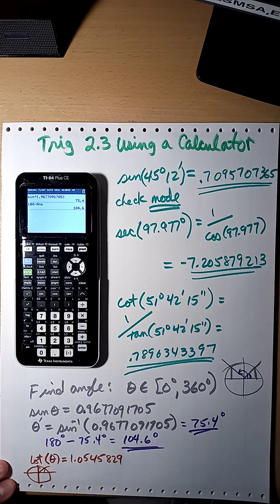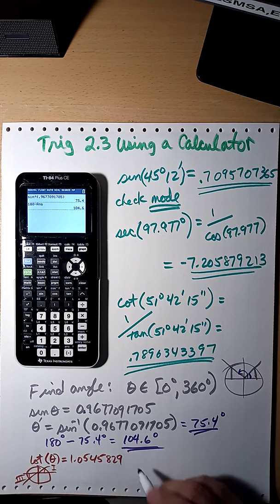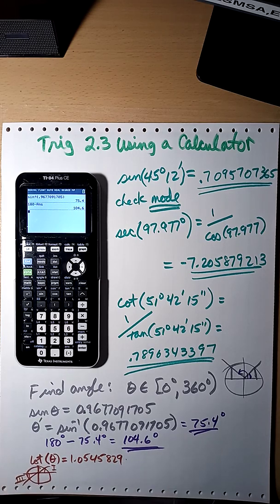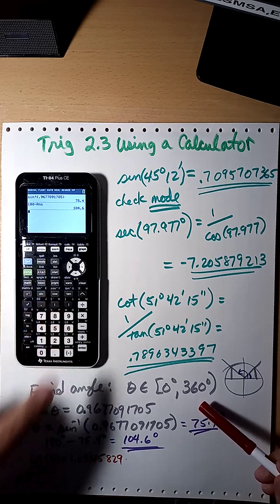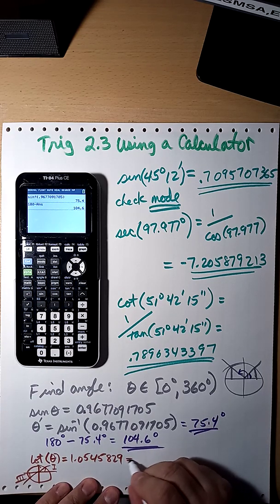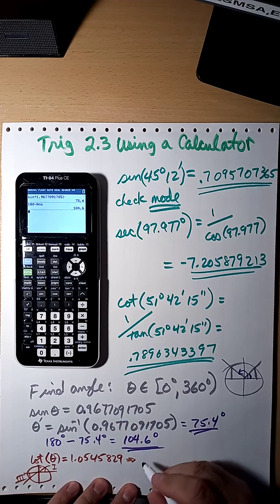All in the first quadrant. The cotangent is also positive in the third quadrant. So first quadrant, third quadrant, but let's see what this gives us. Now you can't do inverse cotangent because there's no cotangent even on the keyboard here. So what you need to do is first write this with a tangent.